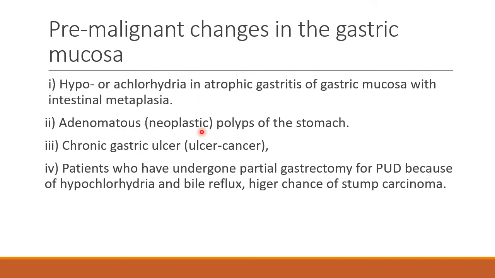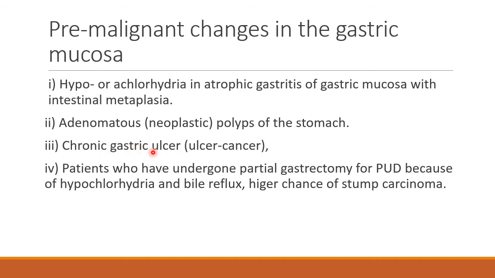Second is adenomatous polyps of the stomach. A polyp is basically a mass that projects above the level of the surrounding mucosa, and develops as a result of either epithelial or stromal hyperplasia, or inflammatory or neoplastic conditions. So people who have adenomatous polyps of the stomach have a higher chance of development into gastric carcinoma.